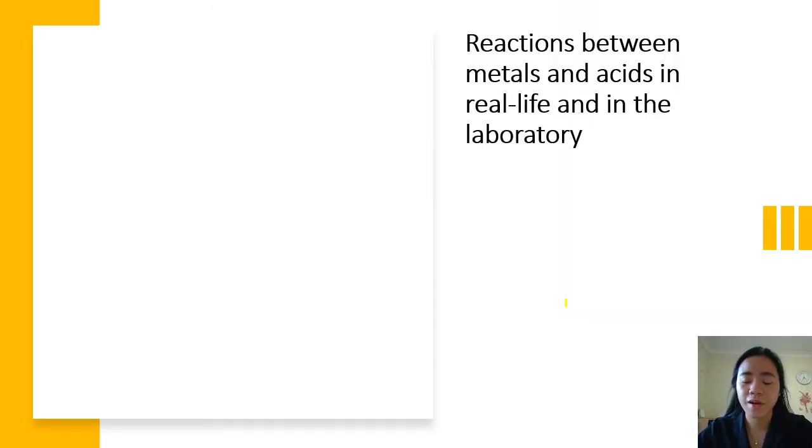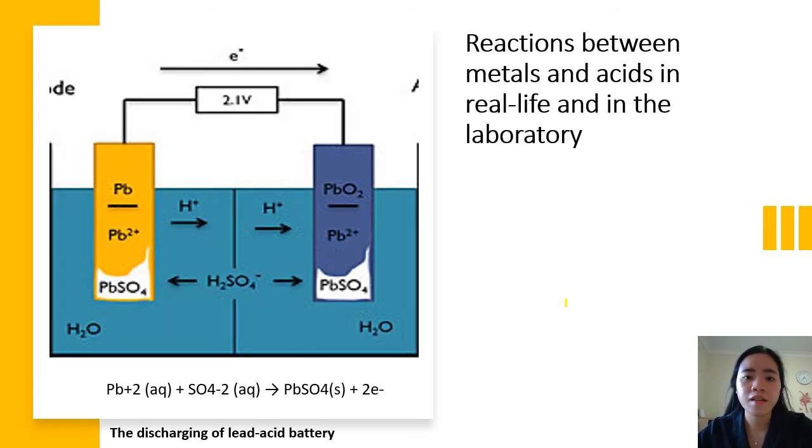The final point I want to present is about reactions between metal and acids in real life and in the lab. The lead-acid battery is so common in our life, especially as the battery of the car, of the motorbike, or of the electric bike as well.